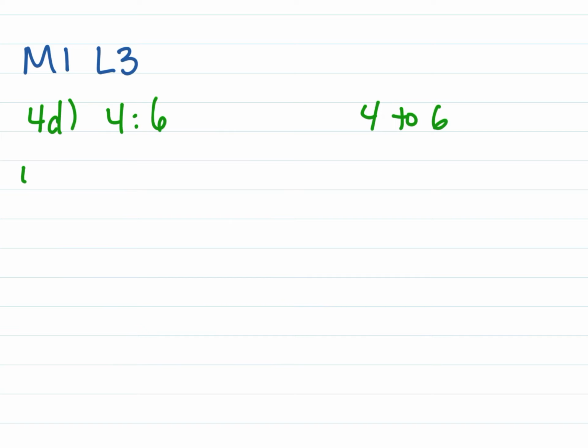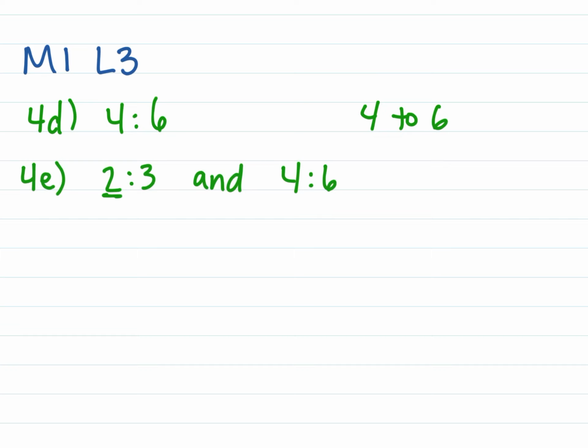It says, are the two ratios you determined equivalent? Explain why or why not. Are 2 to 3 and 4 to 6 equivalent? If you look at the 2, how could we get from a 2 to a 4 and a 3 to a 6? Well, 2 times 2 gives us 4, and 3 times 2 gives us 6.